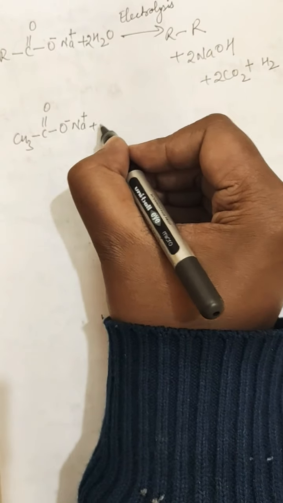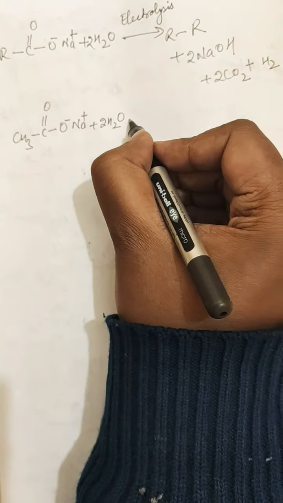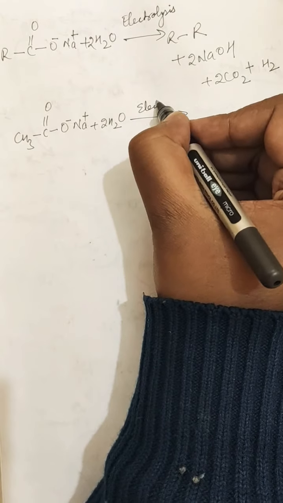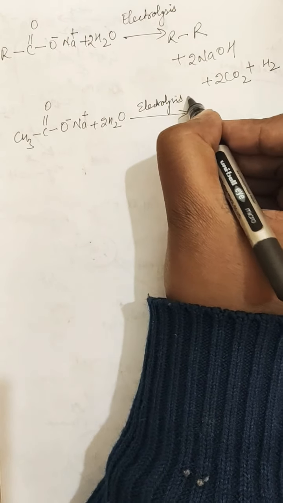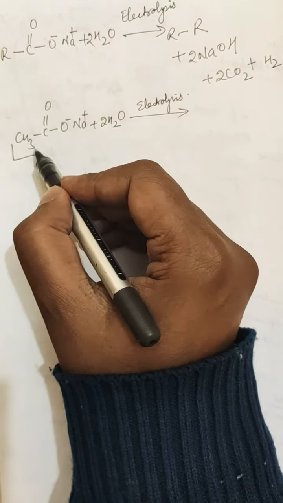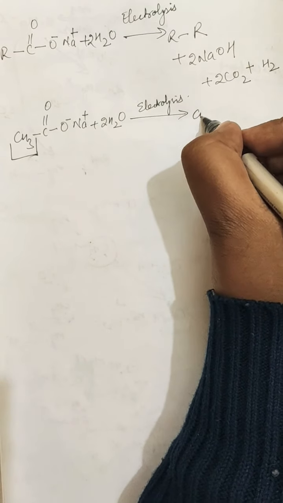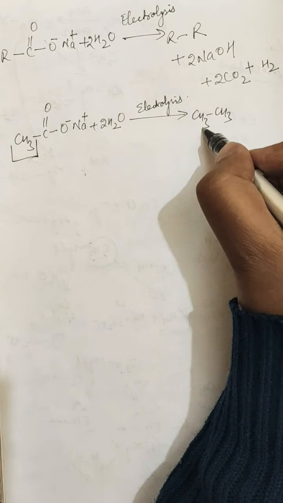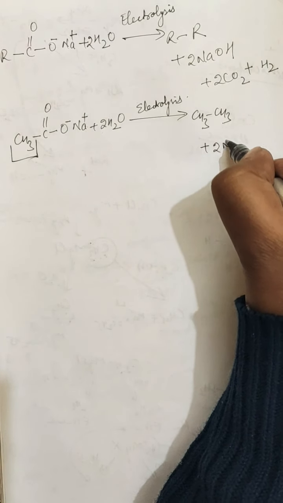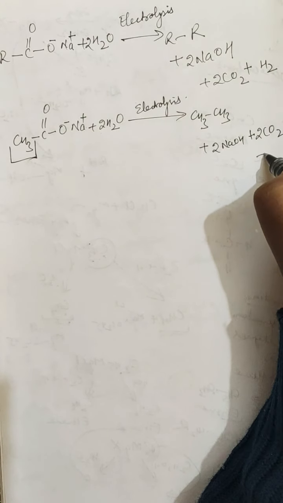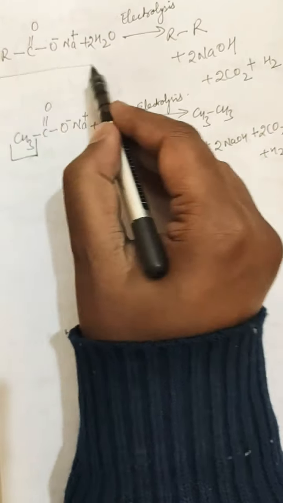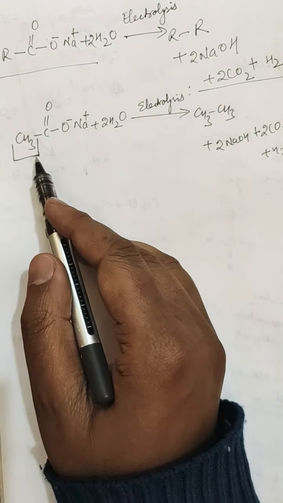When this aqueous solution of salt is electrolyzed, it results in the formation of the corresponding alkane. Alkane means this part, the alkyl part of the carboxylic group reacts to form the corresponding alkane, and this alkane is ethane plus 2 NaOH. Other products of the reaction are same as written in this abbreviated reaction. So this is the alkane.